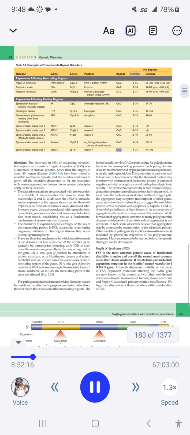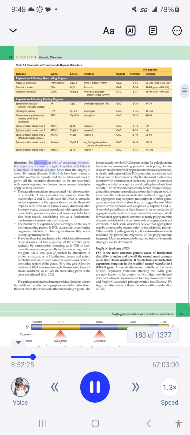CAG, CAG, normal. 6, 55, 7, 34, 537, 534, 635, 7, 35, 644, 13, 33, 12, 40, 4, 18, 4, 35, no. Repeats disease, 55, 200, greater, full 34. Greater than 237, 70. 39, 250. 49, 88. Greater than 39, greater than 31, 55, 84. 21, 33. 37, 306 examples.